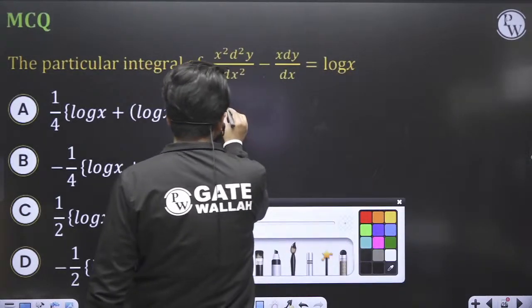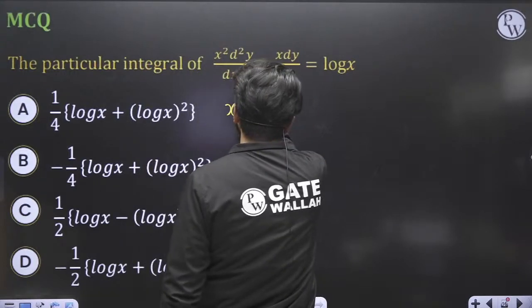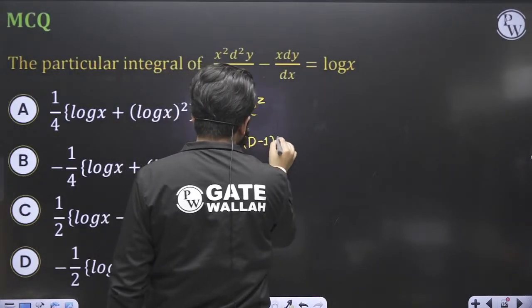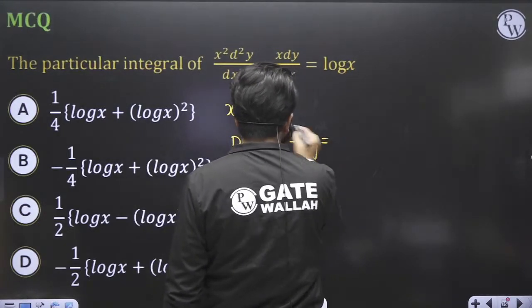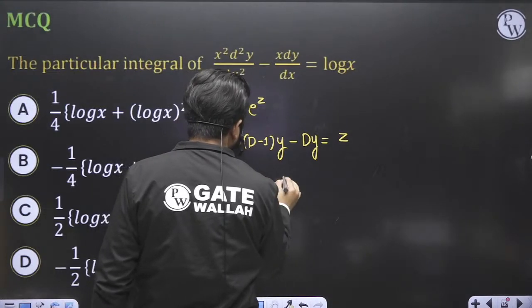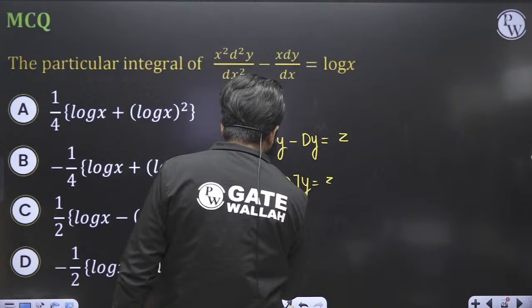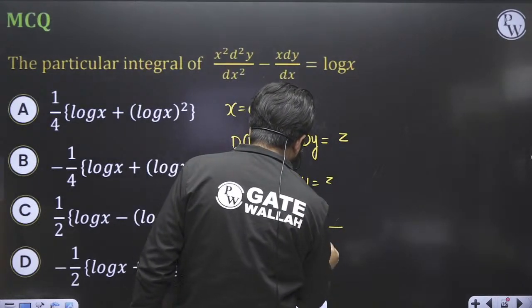If I use x equal to e to the power z, I can write this expression as D into (D minus 1) into y, minus Dy, and log x will become z. So this becomes (D square minus 2D) y equal to z. Y becomes z upon D square minus 2D.